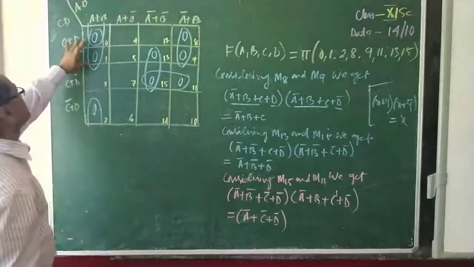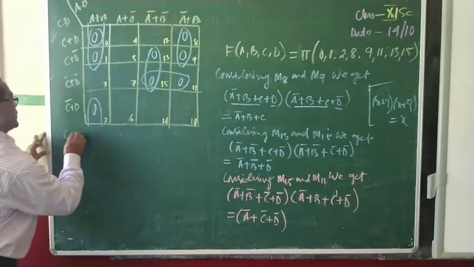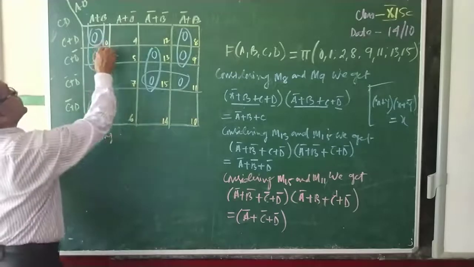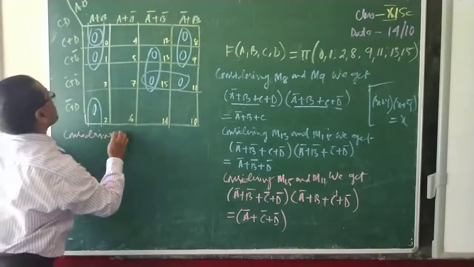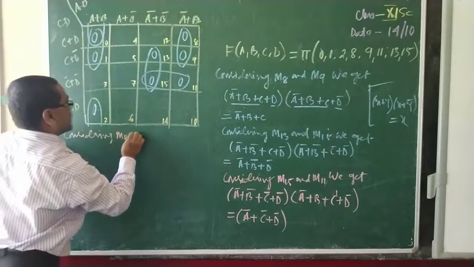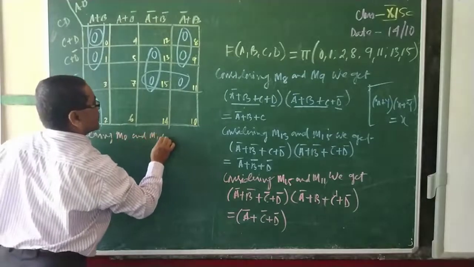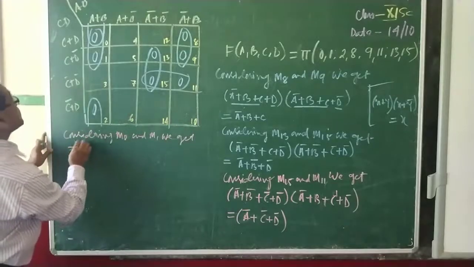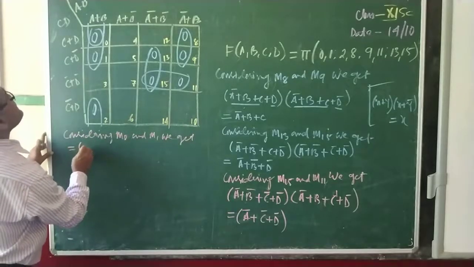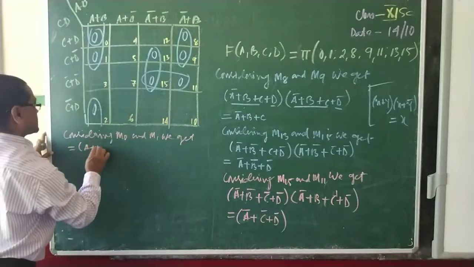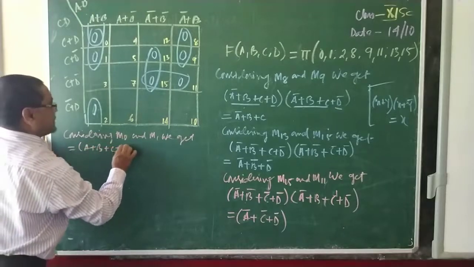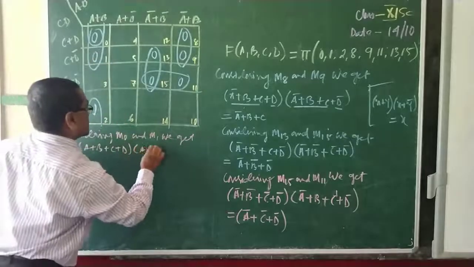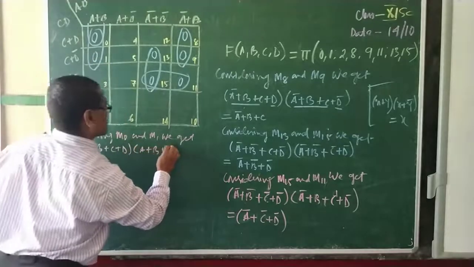Now here we will be considering M0 and M1. Considering M0 and M1, we get M0 equal to A plus B plus C plus D, and here A plus B plus C plus D complement.